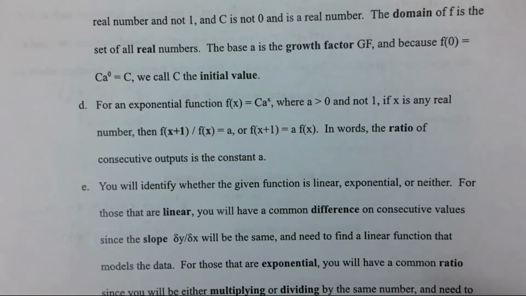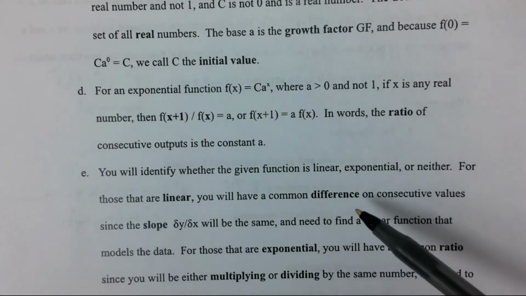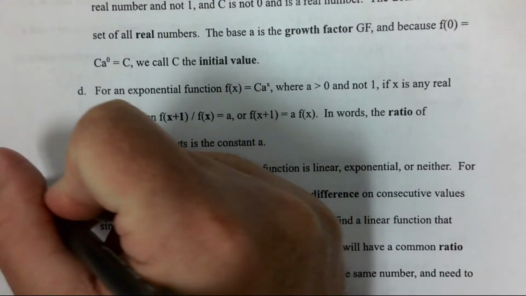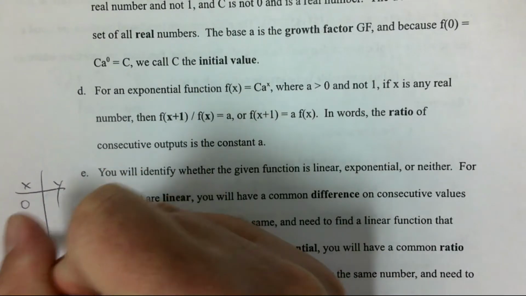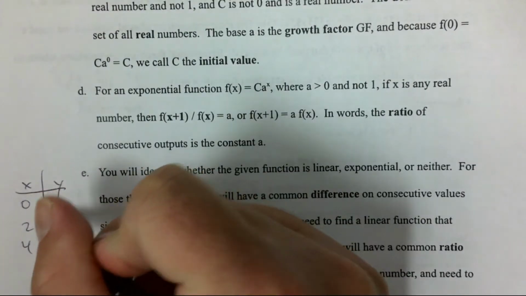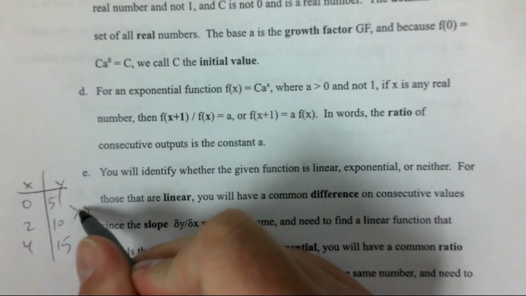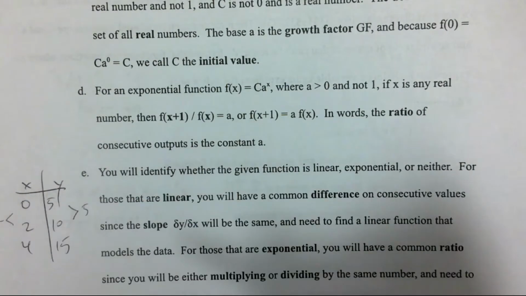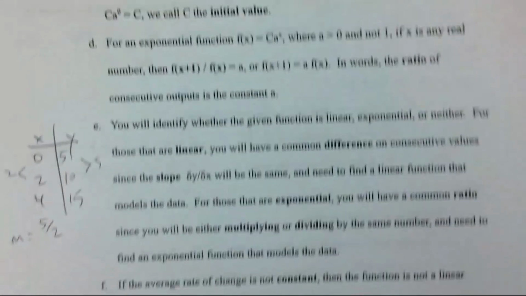So when it's linear, then you're going to have a common difference. That's like if you have a regular table, let's just say 0, 2, 4, and 5, 10, 15. You notice these are changing by 5, these are changing by 2s, so your slope would be 5 halves. So that's linear.